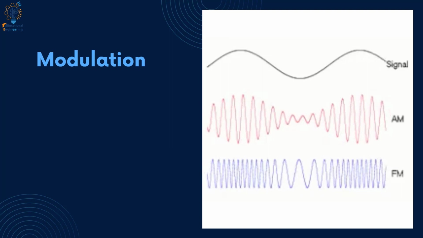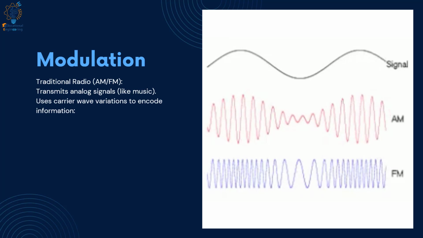But what does that mean compared to the more familiar modulation techniques in radios like AM or FM? This graph shows an amplitude modulation wave and a frequency modulation wave. Both waves use a carrier signal, typically a high frequency sine wave, to transmit information.